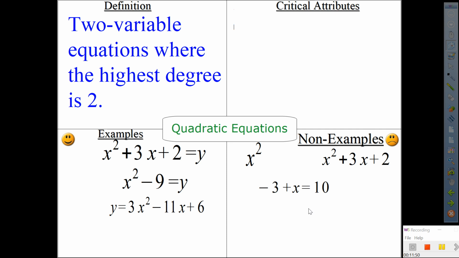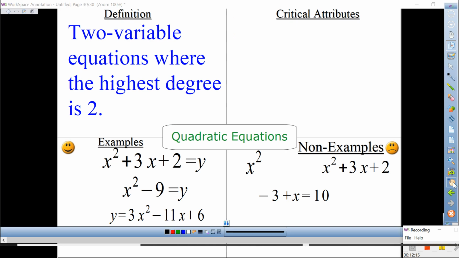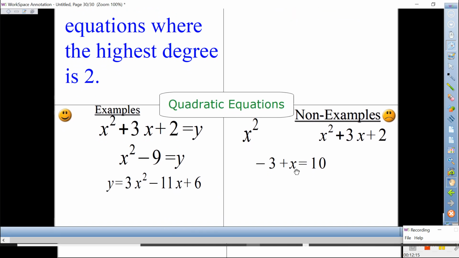Alright, interesting conversations, and I saw Valerie explaining it to her neighbor. So let's see. Valerie, why is this one right here not a quadratic equation? It doesn't have the exponent of 2. So what would be the exponent on this one? 1. That's the highest degree. If it's the highest degree of 1, this is known as a linear equation.